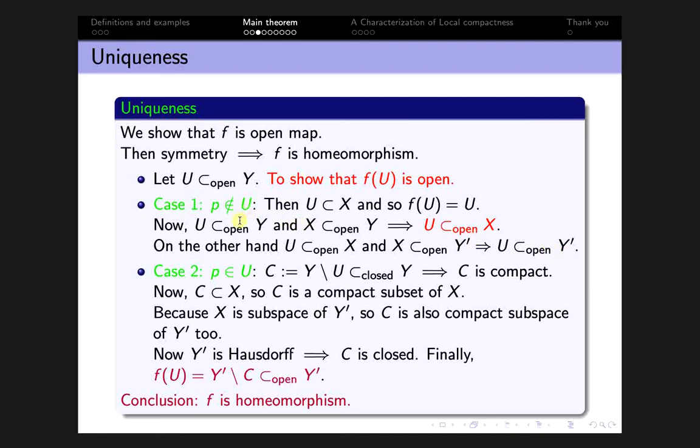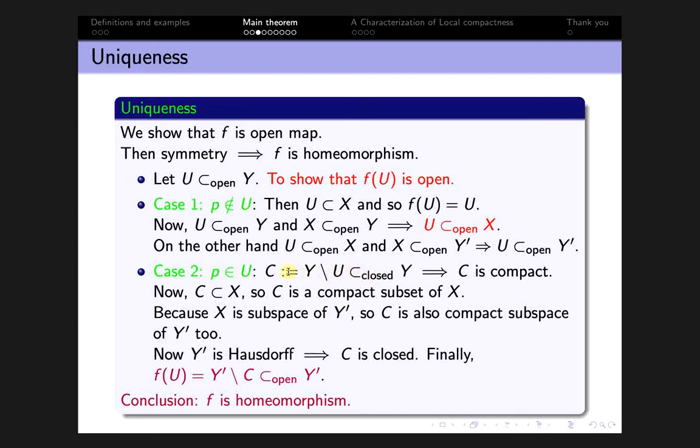Now in case 2, suppose P belongs to U. Then we define C equal to Y minus U. U is open in Y, so Y minus U, that is U complement, is closed, because the complement of an open set is closed.